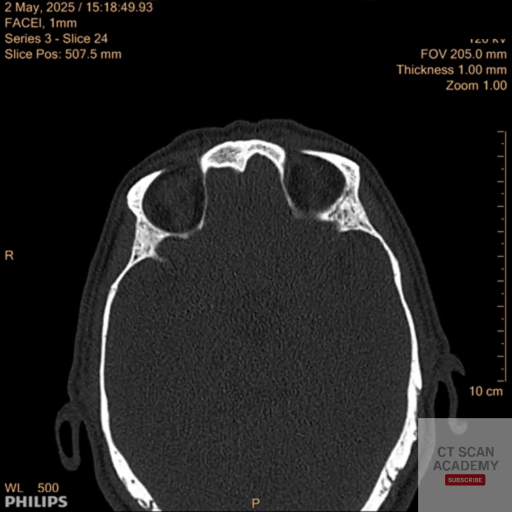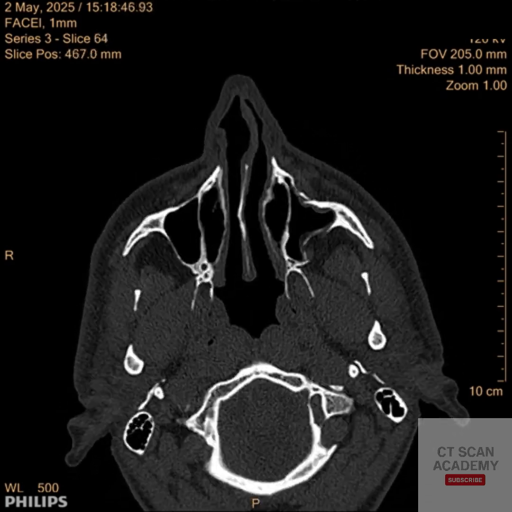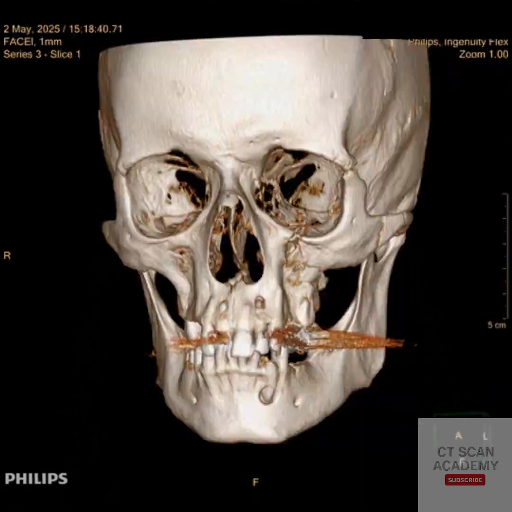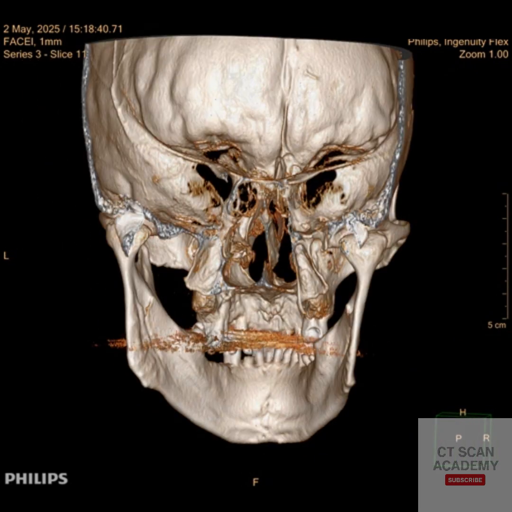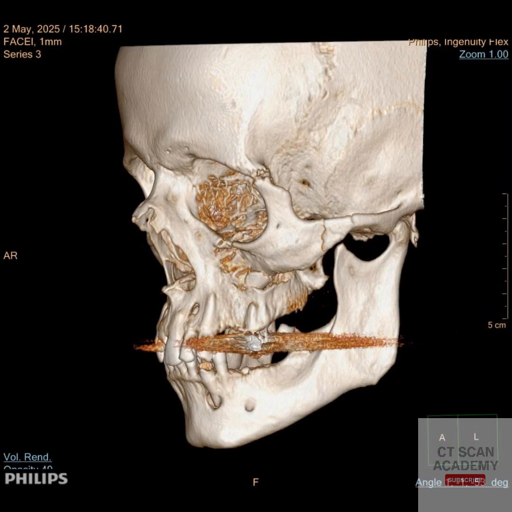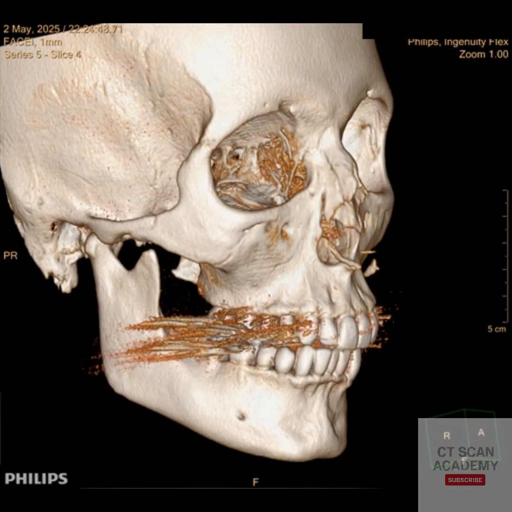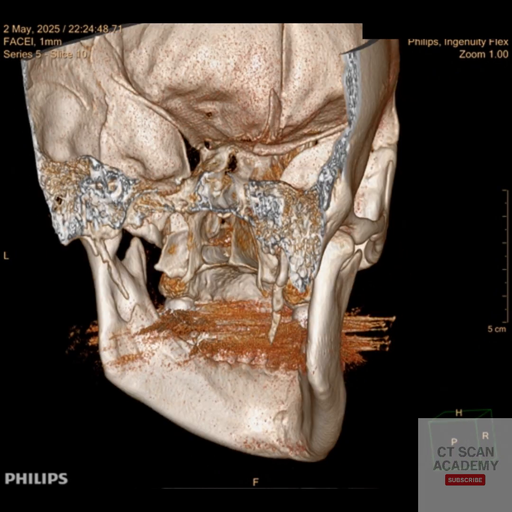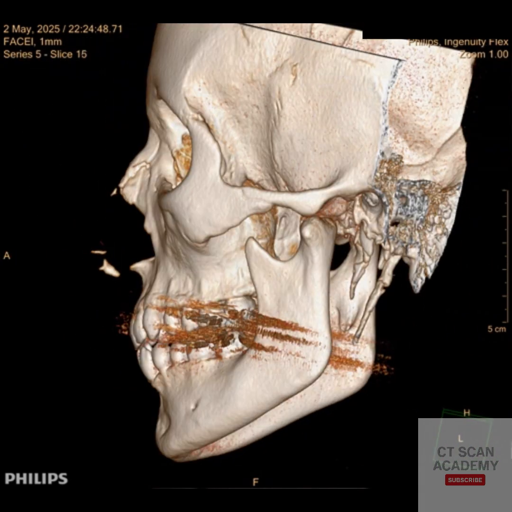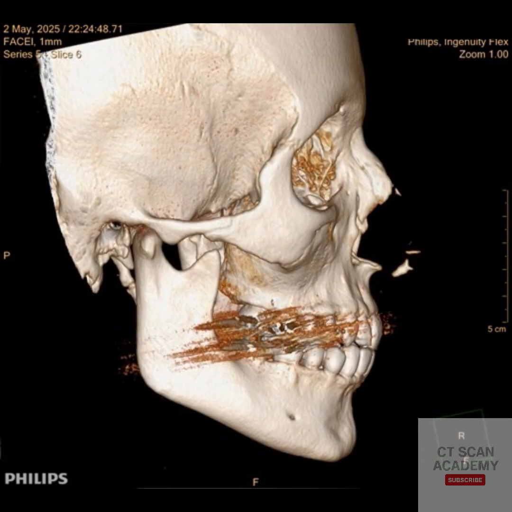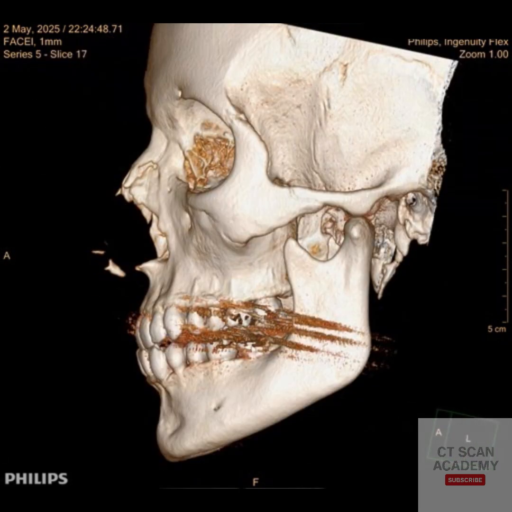A zygomatic orbital complex fracture is present. There is dislocation and displacement of the temporomandibular joint, TMJ, dislocated.